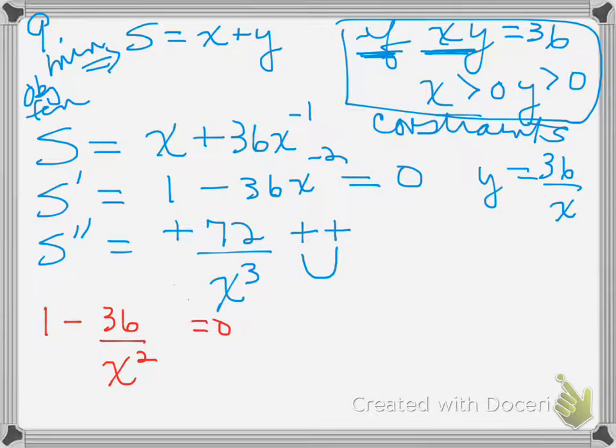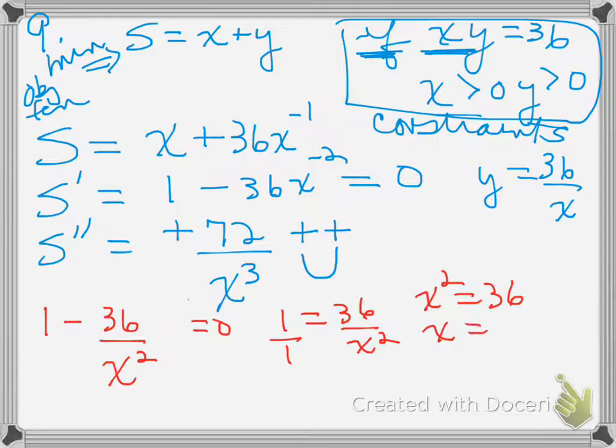Now that makes a lot more sense. So I have 1 equals 36 over x squared. You basically have fraction equal to fraction. That means you can do your cross products and set them equal. And that will give me x equals plus and minus 6. But because I know my x has to be positive, I'm only going to take the principal root of positive 6.